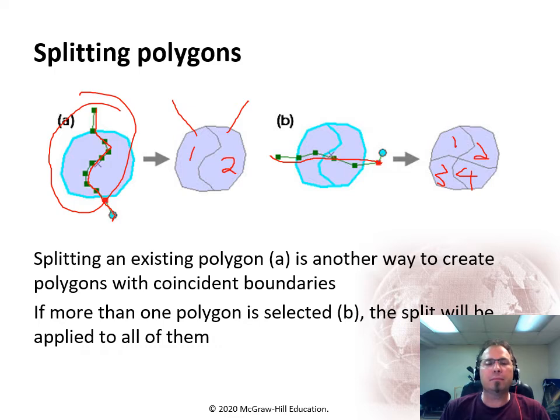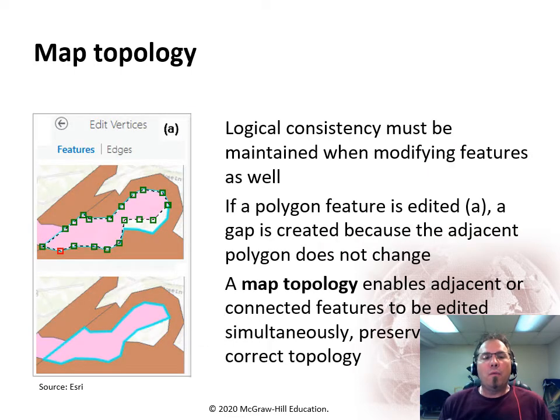When you're editing maps, you have to maintain map topology, so that when you're modifying features, the logical consistency is maintained. If a polygon is edited as it is in version A here, you have this gap that's created right here. That's not good, because there is no gap there.